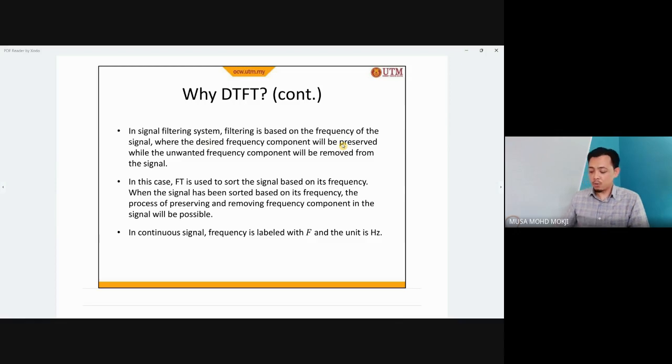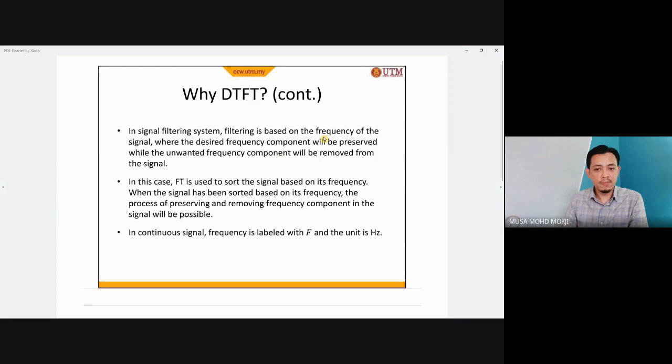Those are the basic filter types. Of course, we can have other types of filter, a combination of those four. The most basic is the low pass filter, and other types of filter can be derived from it. So what is the point here?